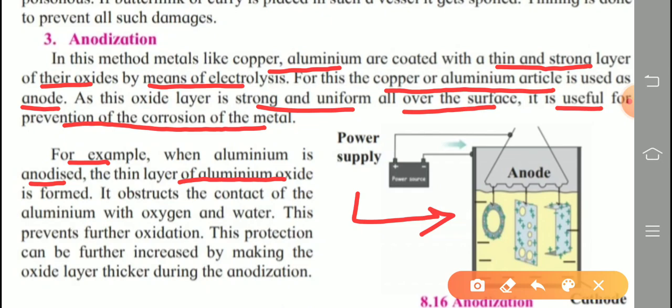It obstructs the contact of the aluminium with oxygen and water. This prevents further oxidation, stopping the oxidation process. This protection can be further increased by making the oxide layer thicker during the anodization process.